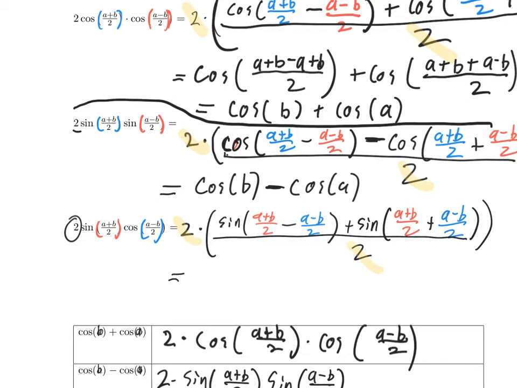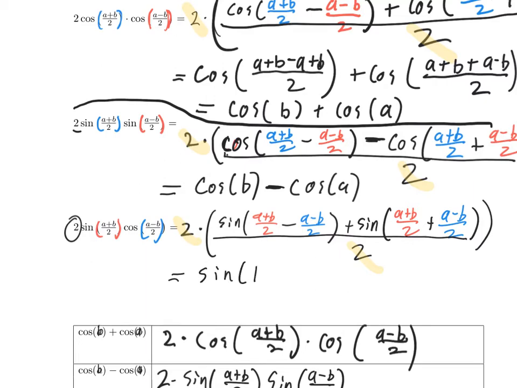Equals the sine of, well, look at what's in that parentheses. A plus b all over 2 minus a minus b all over 2. Everything's divided by 2. So this thing in this parentheses will just be a plus b minus, distribute the minus, a. That'll become a plus b. And then what do you see canceling? A minus a will cancel. B plus b will become 2b divided by 2.